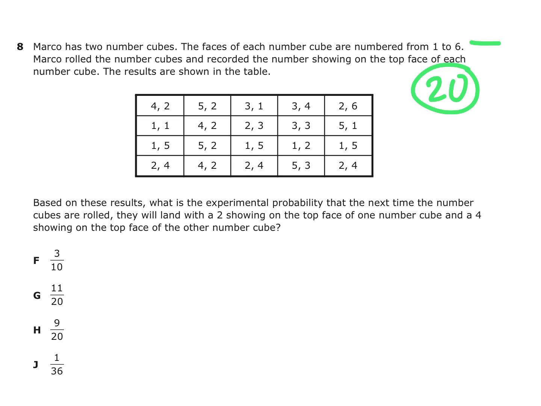Based on these results, we want to know what is the experimental probability that the next time the number cubes are rolled, they will end with showing a 2 on the top face of one and a 4 on the other one. So you need a combination of 2 and a 4, or a 4 and a 2. And so let's see how many of those you have there. You have a 4 and a 2 on the first row.